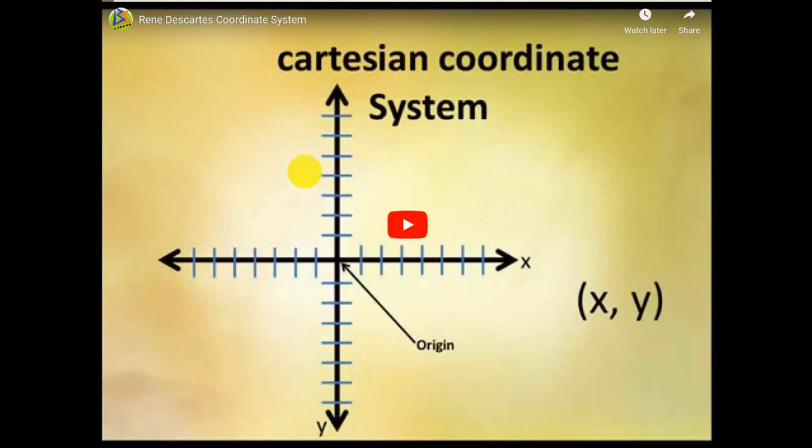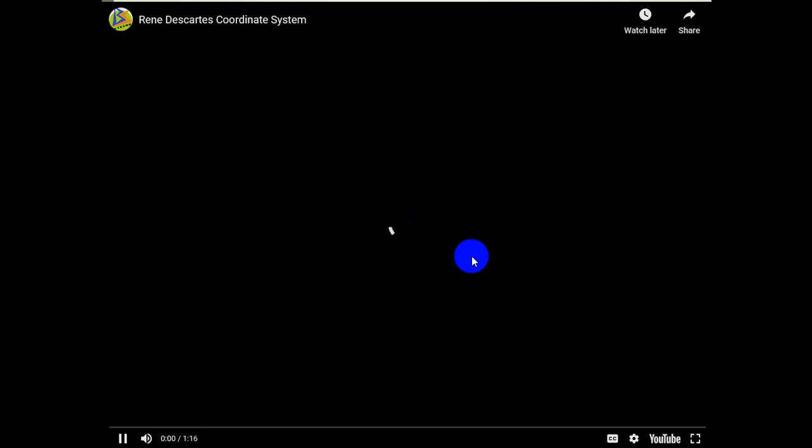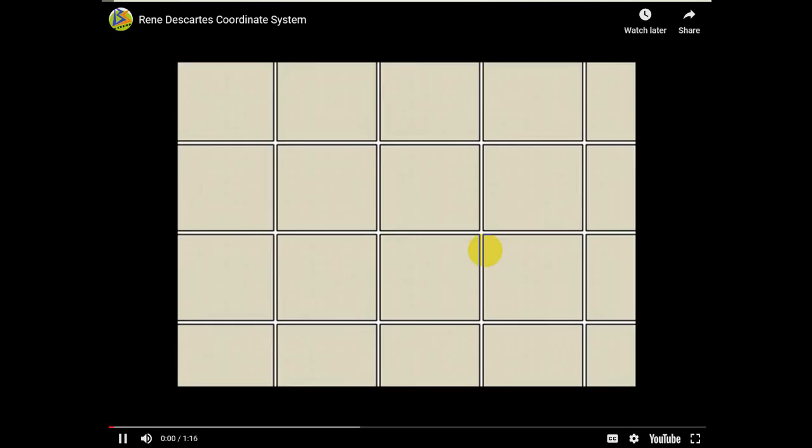The theory behind René Descartes' discovery of the Cartesian coordinate system happened one day as he was lying on his bed and saw a fly land on the ceiling.